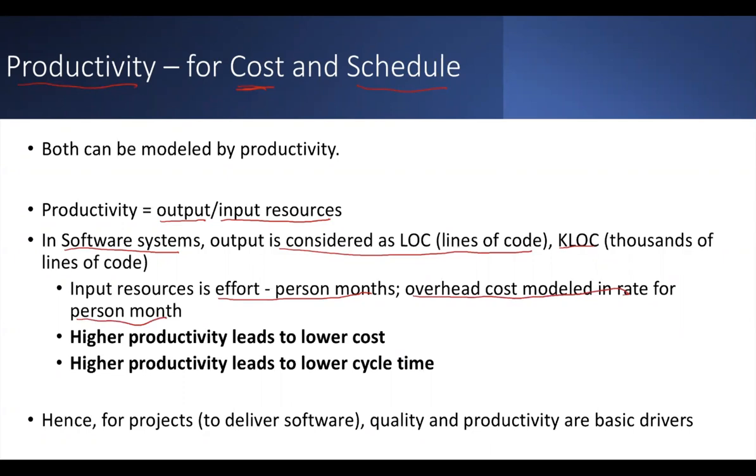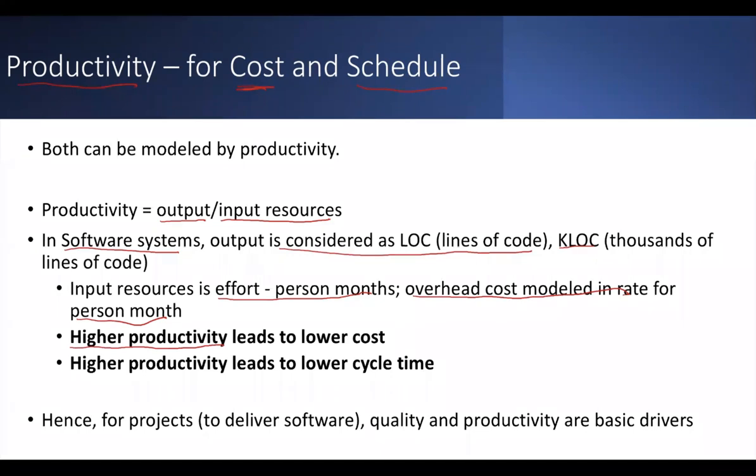So for each software product, once you take the ratio between the output and the input resources, you have a number, you have a measure. This measure is called productivity. If after the fact you calculate the productivity of your software and it is high, that means we have a product of lower cost.